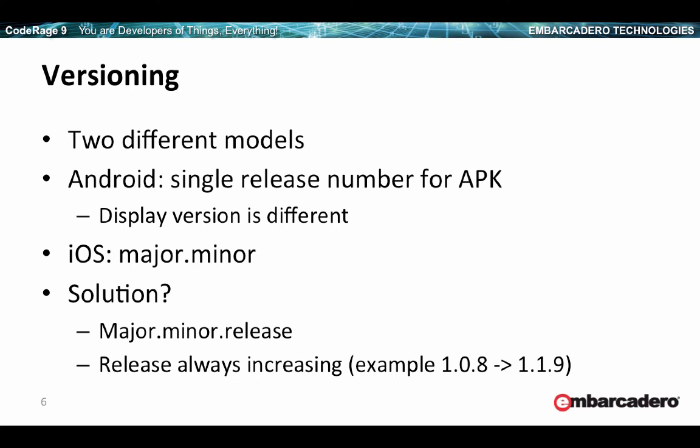So you might go from 1.1 to 2.0, but the release being always an increasing value. So for example, I would go from 1.0.8 to 1.1.9, and the last number would be the APK number for the Android world.